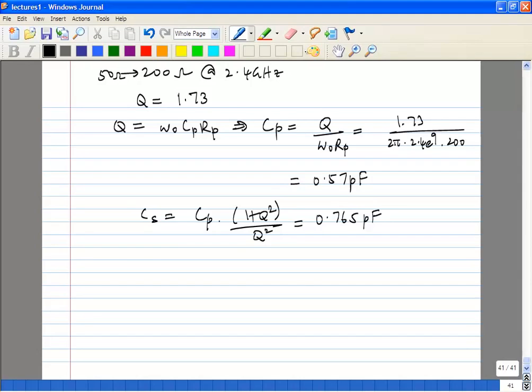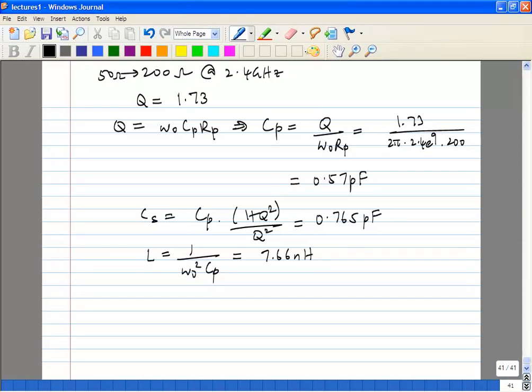Okay. So then next step, what is the next step? Find out L. L is 1 over omega naught squared Cp. Is that right? This happens to be 7.66 nanohenries. Okay.